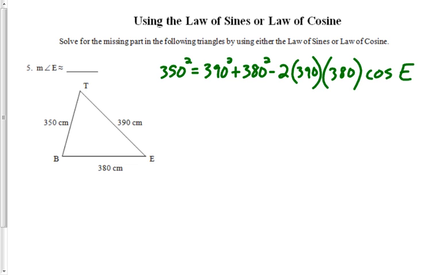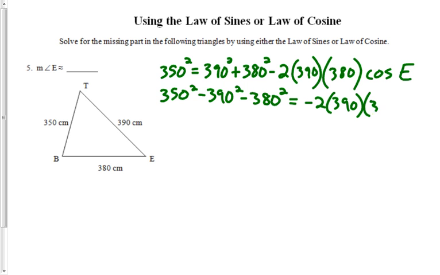Now I'm going to subtract 390 squared over to the other side and subtract 380 squared over to the other side. So that's going to give me 350 squared minus 390 squared minus 380 squared. And that's going to equal negative 2 times 390 times 380 cosine of angle E.